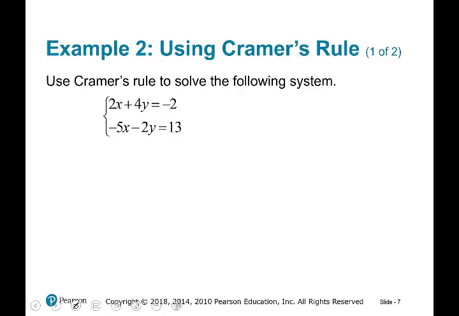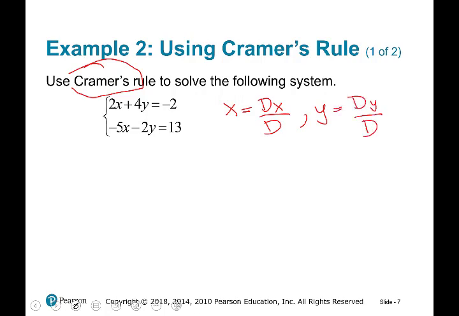So here we have, it says use Cramer's rule to solve the following system. So that's the key. Cramer's rule, you say, oh, that means that x is going to be the determinant of x over the determinant, and y is going to be the determinant of y over the determinant, right? So you find these three matrices. So the determinant is going to be 2, 4, minus 5, minus 2.